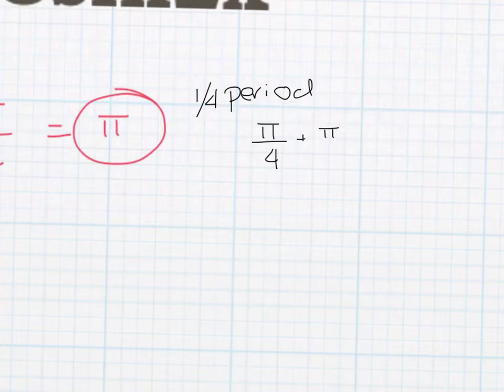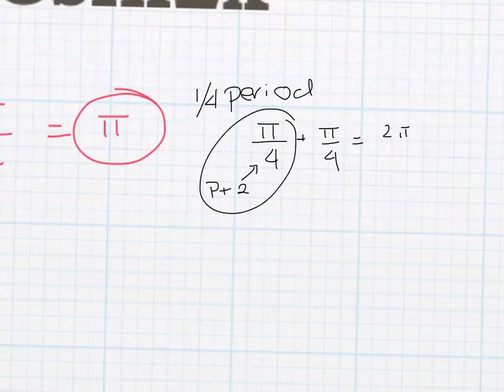Your next point, add pi over 4 to that, you get 2 pi over 4. So this is point 2. Then we're adding pi over 4 for point number 3. So pi over 4 plus pi over 4 is 2 pi over 4, or pi over 2.